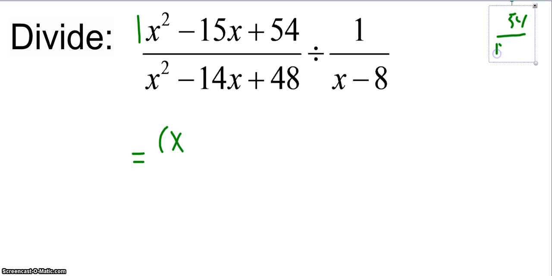Factors of 54 are 1 and 54. 2 and 27. 3 and 18. Alright. That should be it.